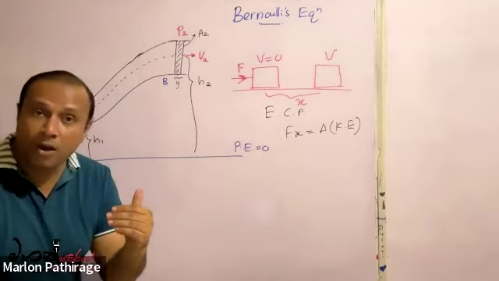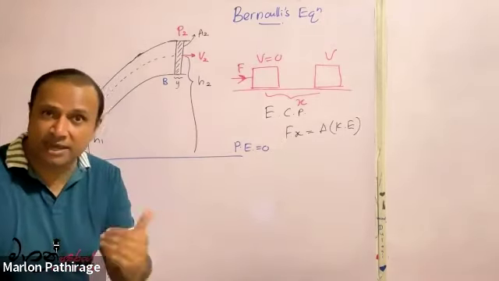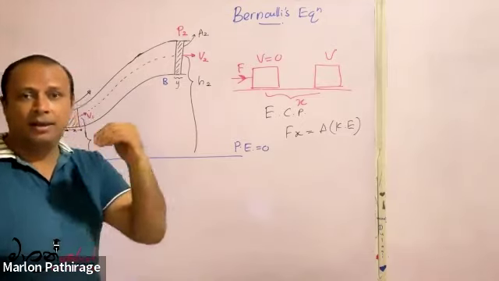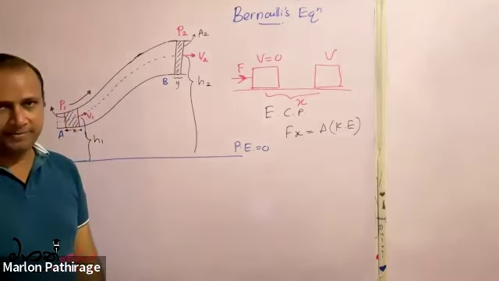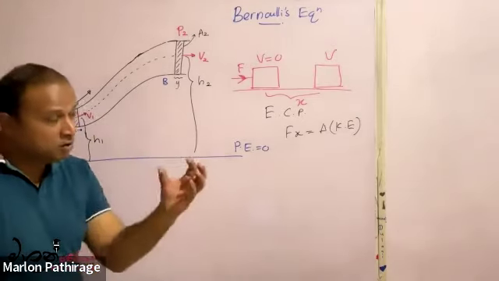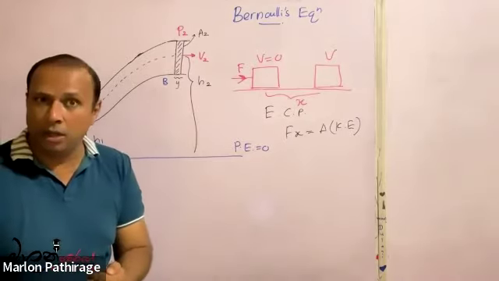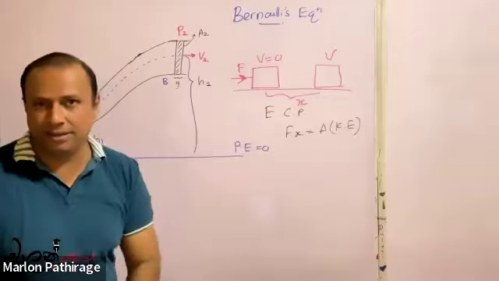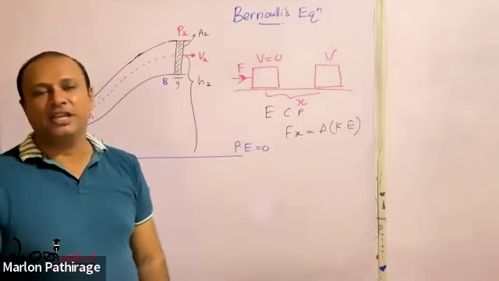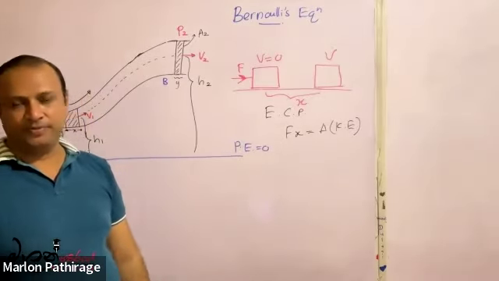So you have to find the work done by the pressure difference. The amount of that work done should be equal to the change in kinetic energy plus the change in potential energy.